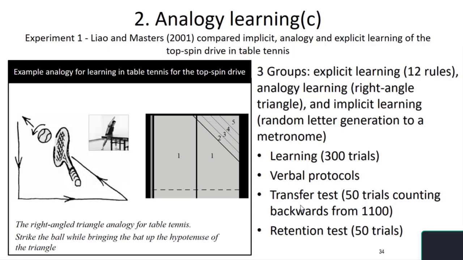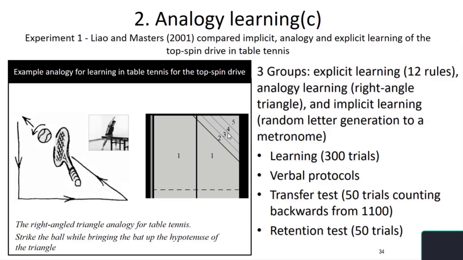To go over what the analogy was, participants were shown an image of a triangle with a racket going up the hypotenuse, and they were told to strike the ball while bringing the bat up the hypotenuse of the triangle.